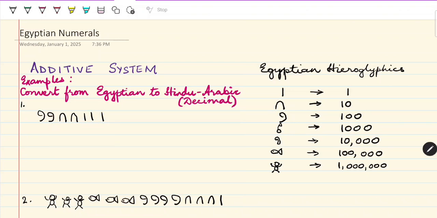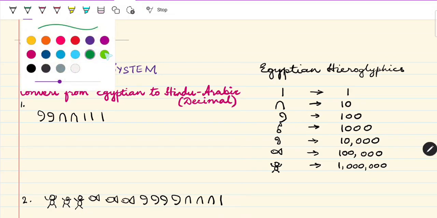So what we do to convert this to the Hindu Arabic system is look at the value of each of these numerals, and then we will just add them up. All right. So again, going from right to left, and let me just pull up a pencil here.